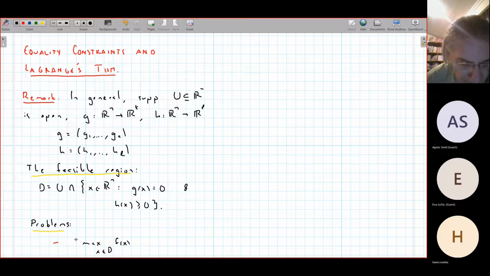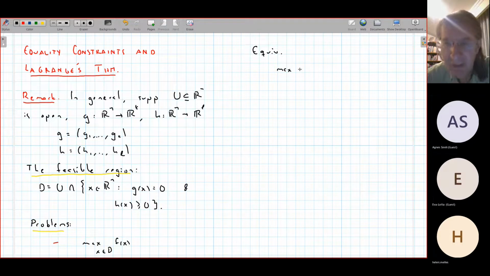Now let's talk first about the maximization problem. In notation, this can be written equivalently in the following form. The problem is to maximize the function f of x such that the following conditions are satisfied. g of x is equal to 0, h of x is greater than or equal to 0, and x is in D. I'm sorry, x is in U.